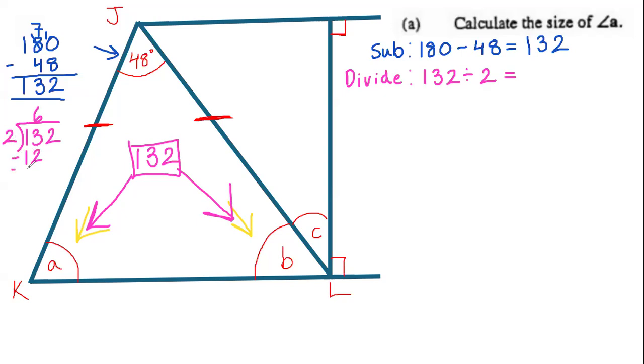We subtract. 3 minus 2 is 1. 1 minus 1 is 0. We bring down the 2. How many times does 2 go into 12? 6 times. 2 times 6 is 12. 12 minus 12 is 0. And so 132 divided by 2 is going to be 66.